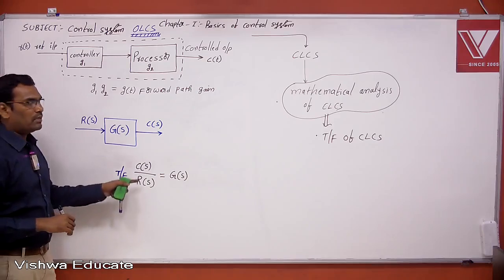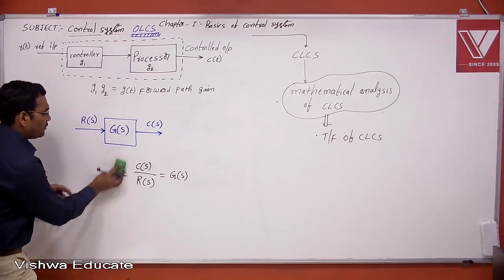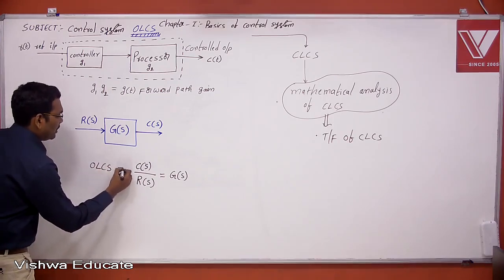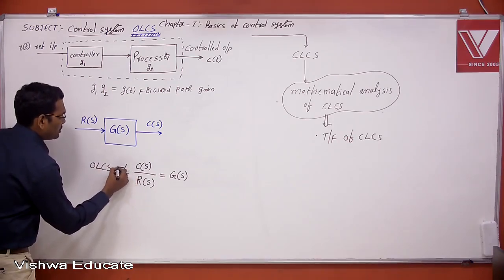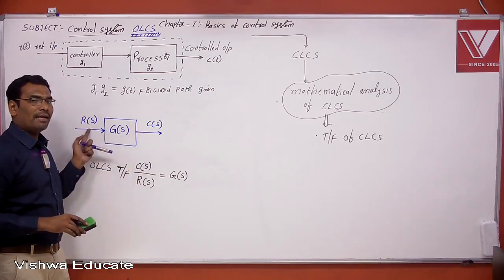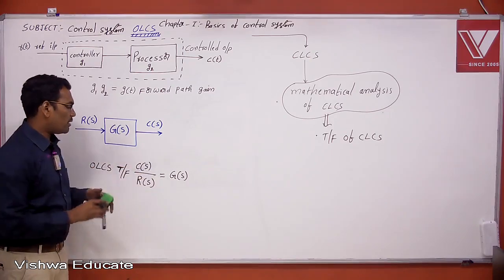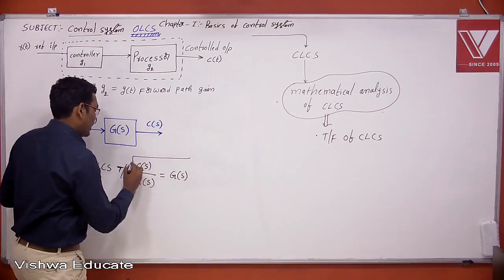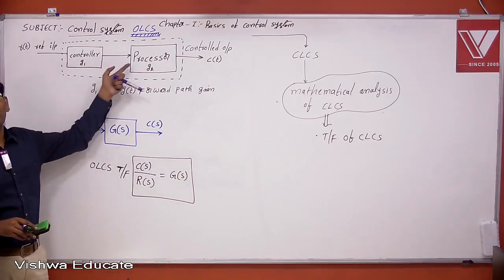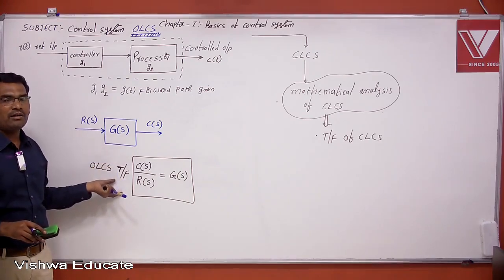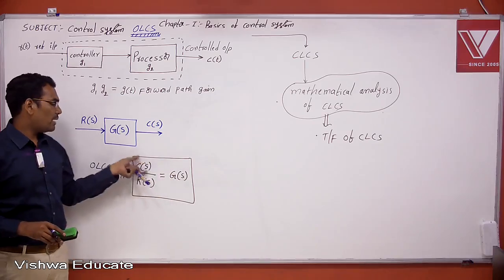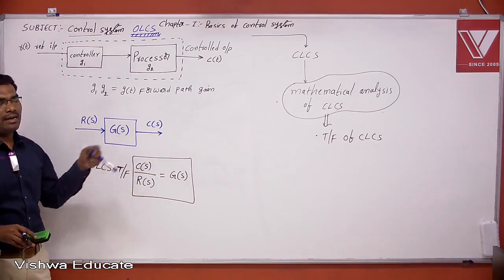What is G of s? Only the forward path gain. Therefore, this is the open loop control system transfer function, which is the Laplace transformation of output to the Laplace transformation of input, which is only the forward path gain. Yes, this open loop control system consists of only the forward path. Therefore, the transfer function says the same: this is only the forward path gain G of s, and this is the open loop control system transfer function.